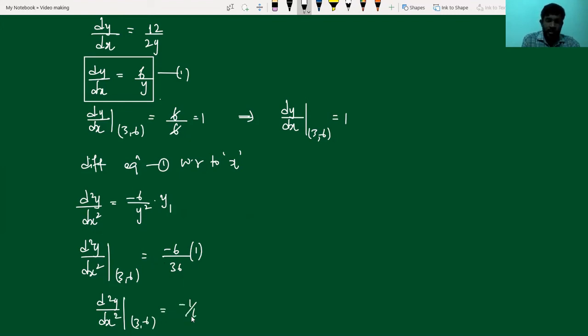Now we substitute these two values, that is dy by dx and d square y by dx square, in the expressions of x bar and y bar.